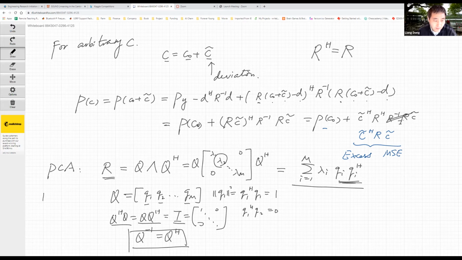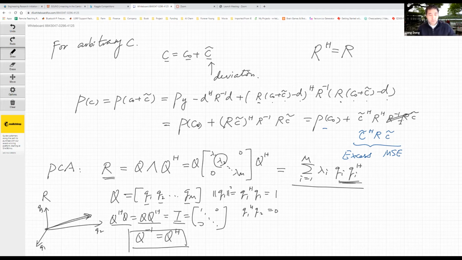So if I am in an m-dimensional space, let's say 2-dimension, maybe 3-dimension. So in 3-dimension, this is spanned by Q1, this is spanned by Q2, this is spanned by Q3. For the matrix, you can think that you generate a vector using this matrix.